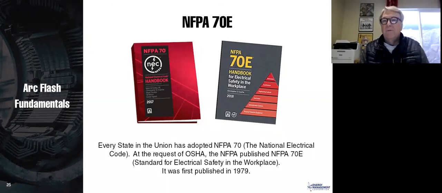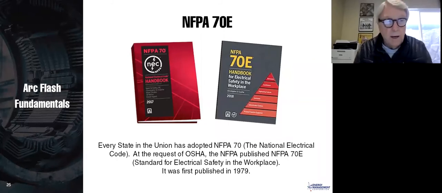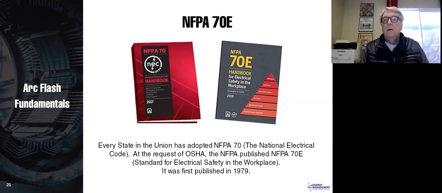It is the Handbook for Electrical Safety in the Workplace, and it came out in 1979, whereupon we all ignored it. And over time, the OSHA and electrical inspectors have gotten a lot more serious about enforcing that. And at this point, there's a lot of interest in it, and OSHA's finding people, and everybody's knowing about it, which is an indication of the interest we get in this, because you do have to know it.